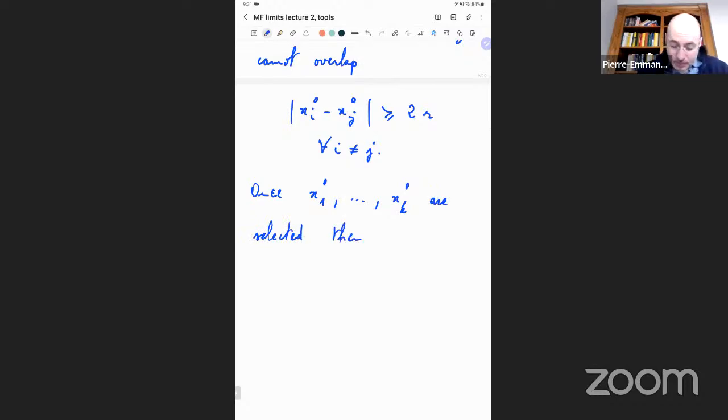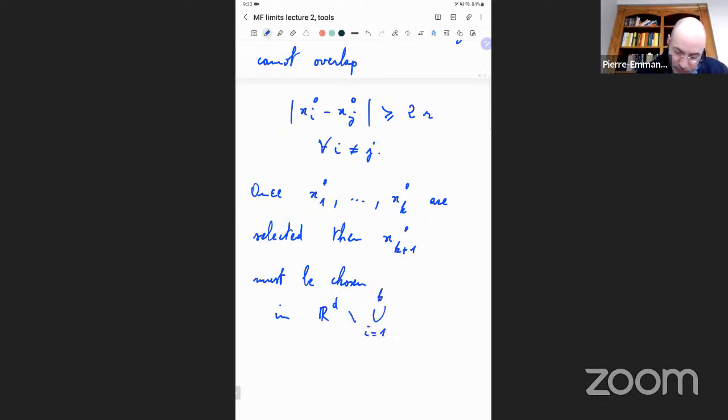Then the next one must be chosen outside of all those balls, right? So let's say we work on the whole space, it must be chosen in R^d minus the union, right?